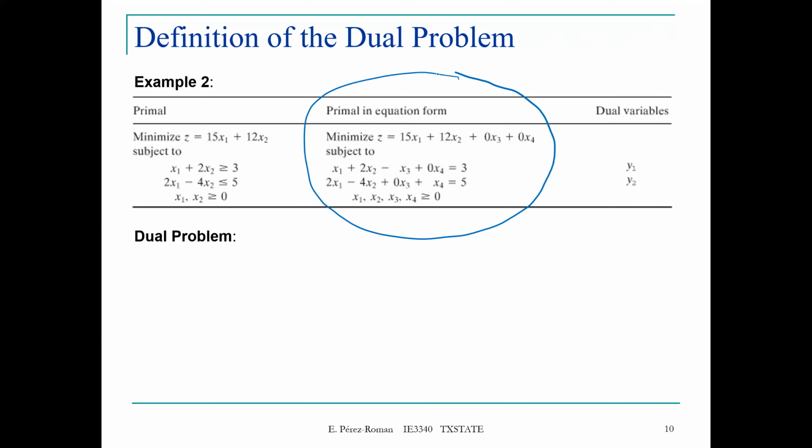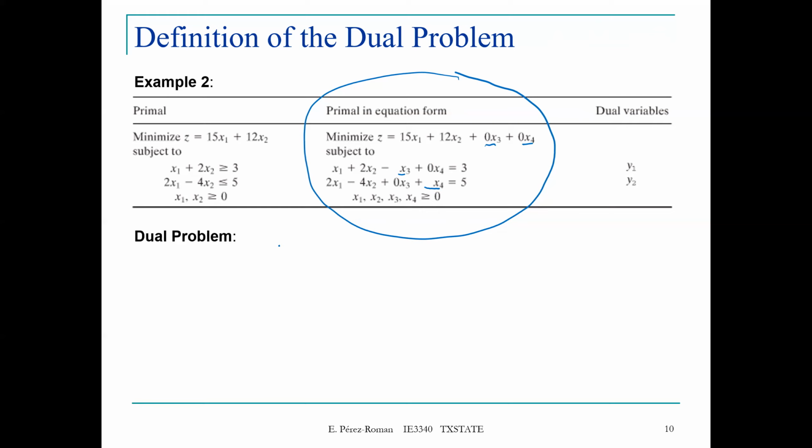So for the first one, we need to subtract an excess variable. And for the second one, we have to add a slack variable. And those two are showing up here as well. So that is the equation form. So we proceed as we did for the previous problem, with the only difference that now we have a minimization problem.